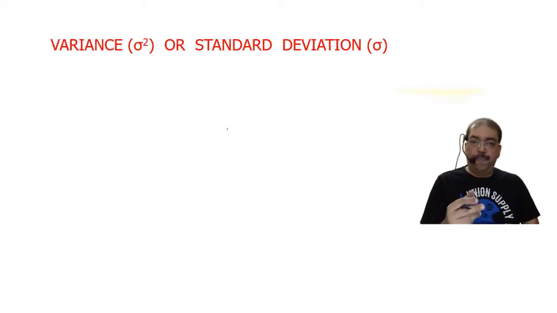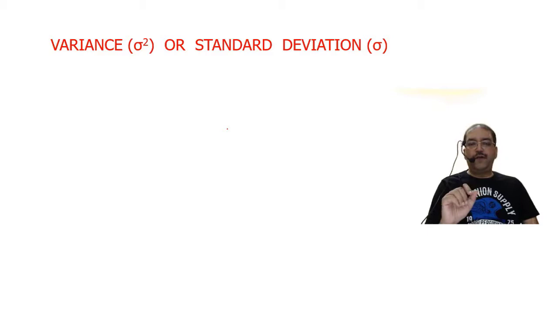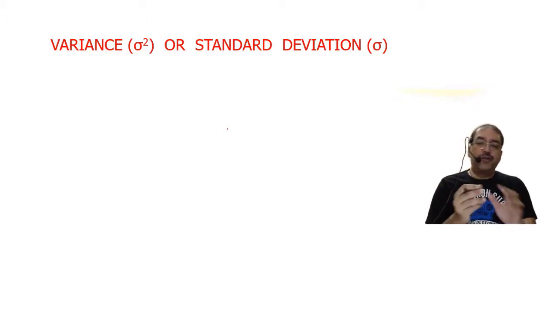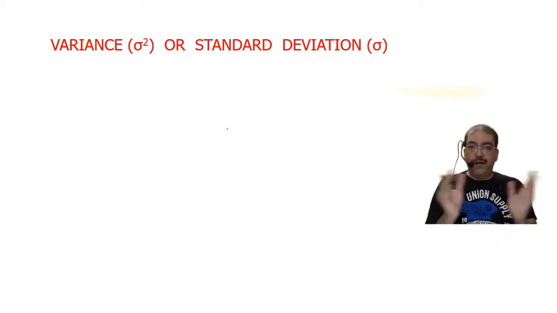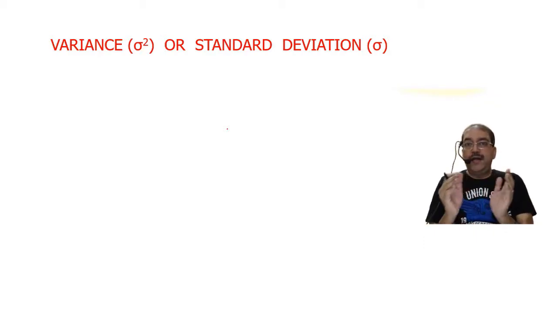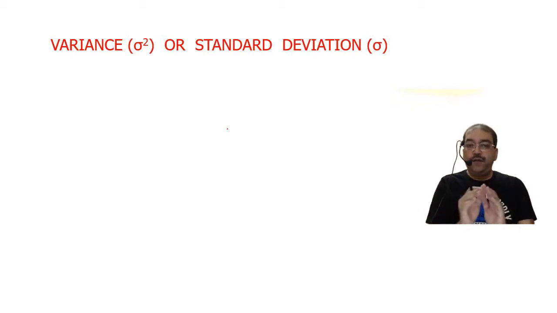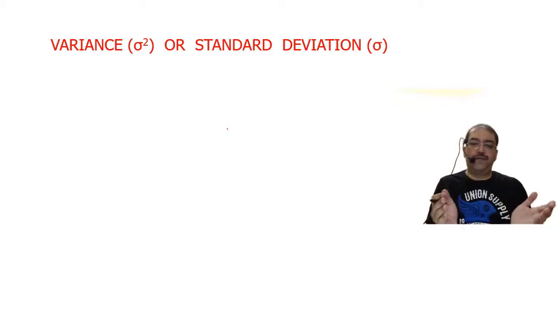What is variance? You must have learned this in statistics. Standard deviation is a measure of dispersion. Measure of dispersion means how far the data is dispersed or spread from the centermost value. What is the centermost value? Average. So from X bar, from R, how far the data is spread, that is variance, that is standard deviation.